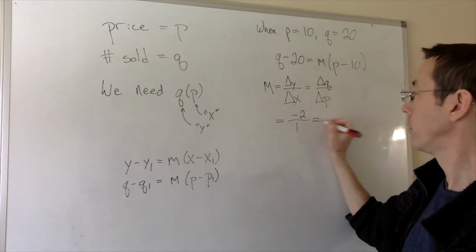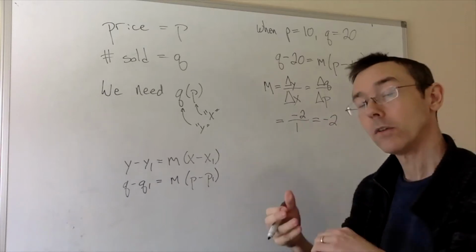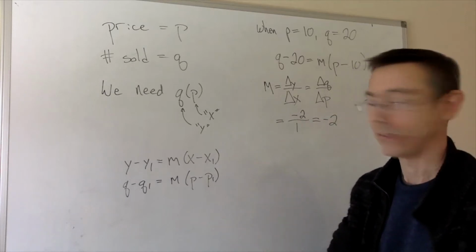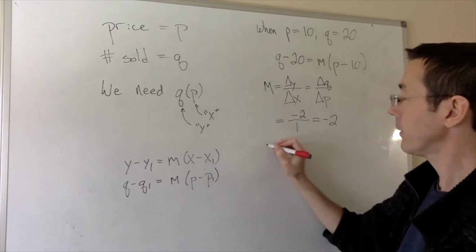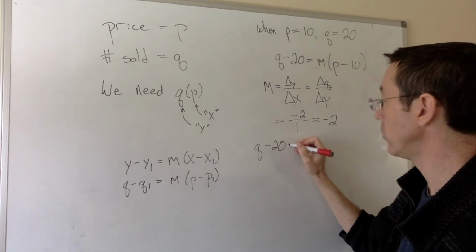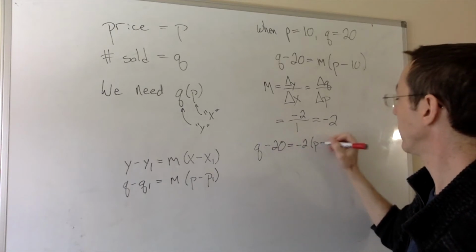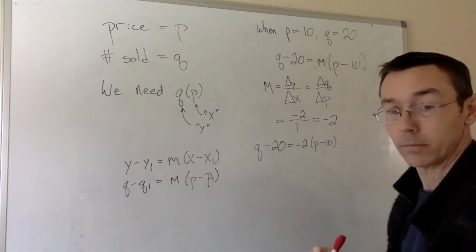So this slope is going to be negative 2. For every dollar P increases, Q decreases by 2. And therefore, I have a complete linear model for the demand function. Q minus 20 equals negative 2 times P minus 10.